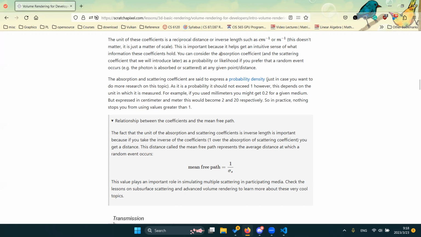You can consider the absorption coefficient as a probability or likelihood that a random event occurs at any given point or distance. So you can think of it like whenever you travel a specific distance, you lose a percent of the remaining light. And that's why the shape of the graph is exponential rather than linear or some other shape.